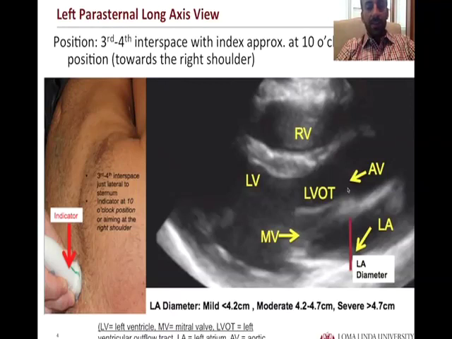One of the key things I would like to highlight here is that because it provides a great 2D image, it allows us to get measurements of various cardiac structures with perhaps the most precision. One of those measurements is the left atrial diameter or size.